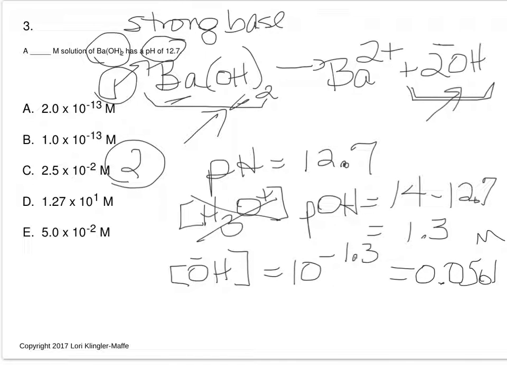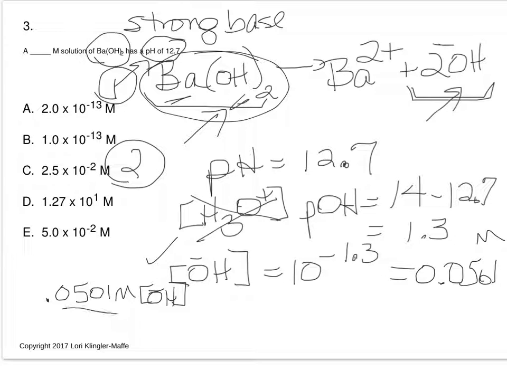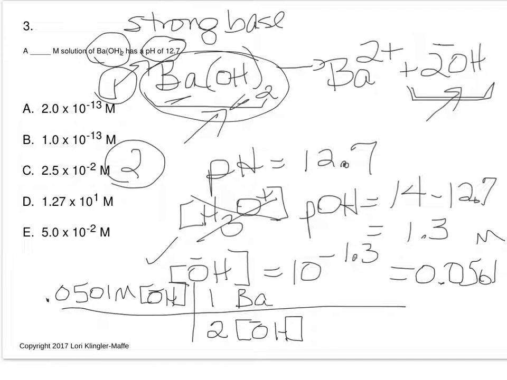All right, so what can we do with that? Well, what is the relationship between hydroxide ion concentration and the original concentration of barium hydroxide? Probably, there's several ways to do that. Some of you can do it intuitively, but let me show it as unit cancellation. So if I have this much molar concentration of hydroxide, and I set up my little T-chart, and I can say, okay, I have 2 hydroxides for every 1 barium hydroxide.